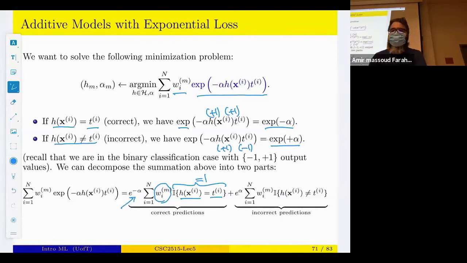And then we have the data points that are incorrectly classified, identified by h(x_i) being different from t_i, times again w_i, but the whole thing is multiplied by e to the power of alpha.